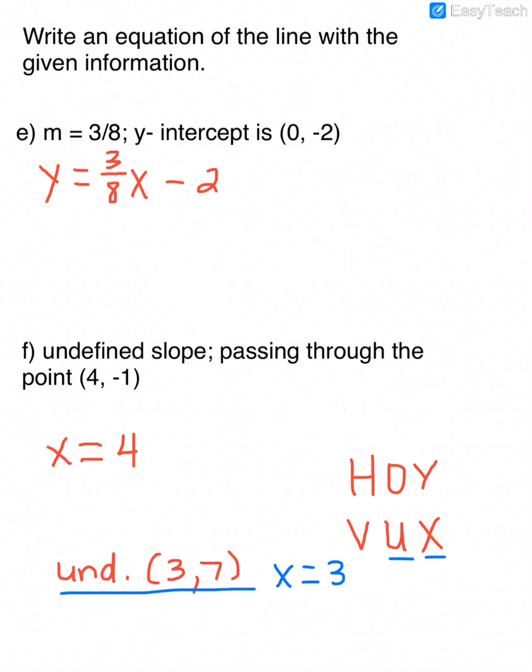If it said that I had a slope of 0, and it's passing through the same point, (3, 7), well, because of HOY, if my slope is 0, it's going to be y equals some number. So it would be y equals whatever the y is, and the y is 7.